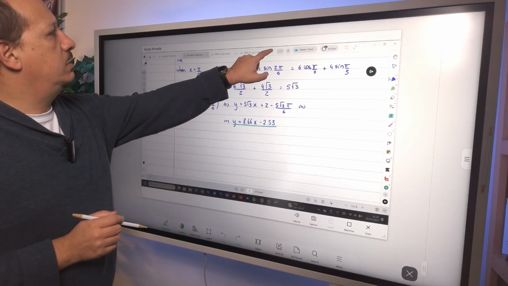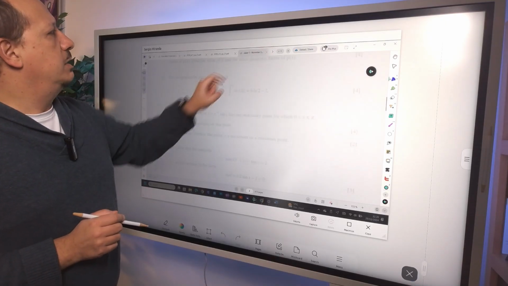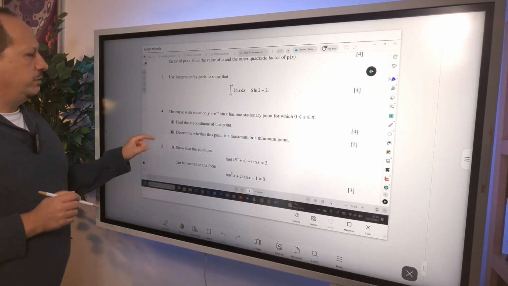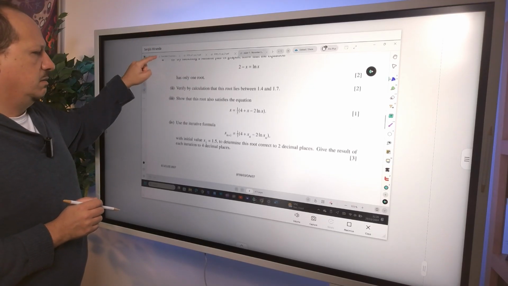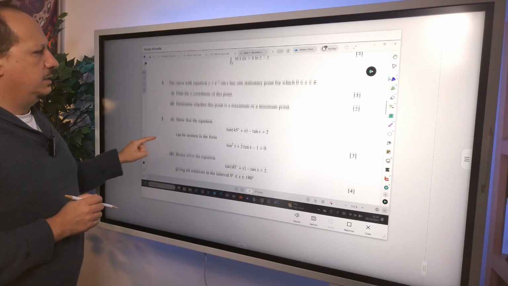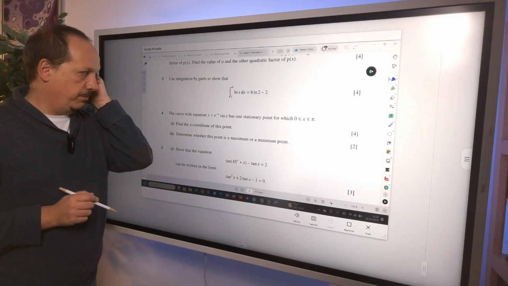Let's now go to the last exam question, which is this one. It's paper 3, November 2007. And the question is question 4.